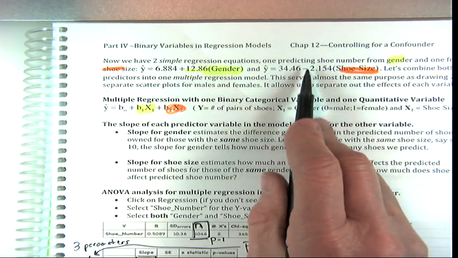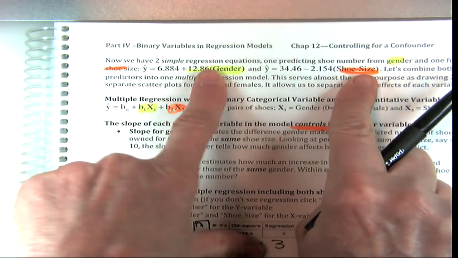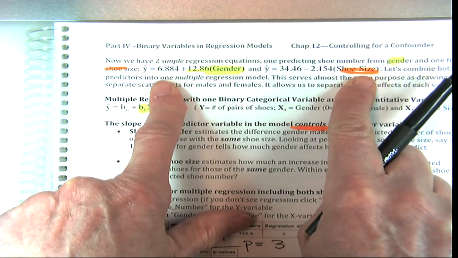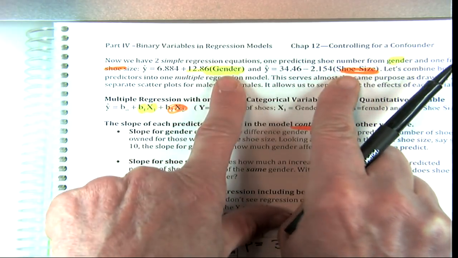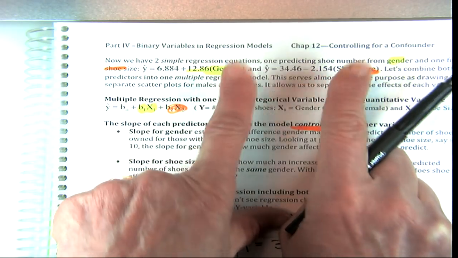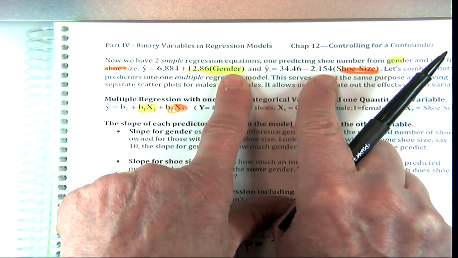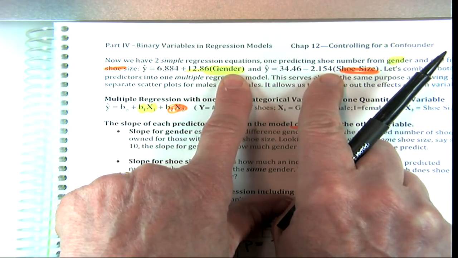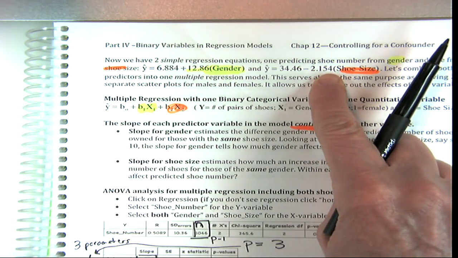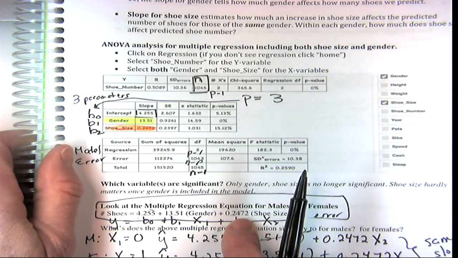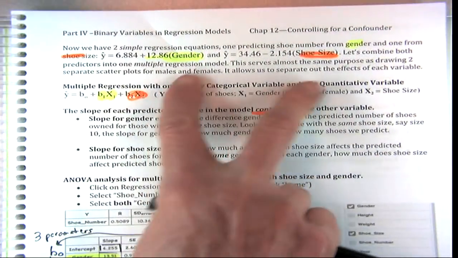So look what happened. If they were uncorrelated, we could just combine these equations. We could have the same coefficients here. They wouldn't change. But look, this negative 2.154 almost turns to 0 in the multiple. It becomes very small. That's because these two are correlated.